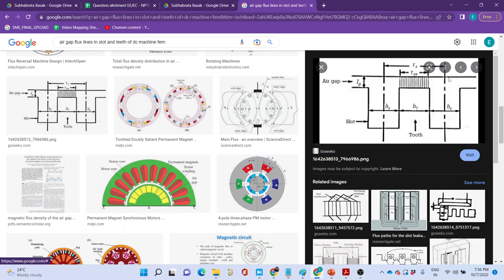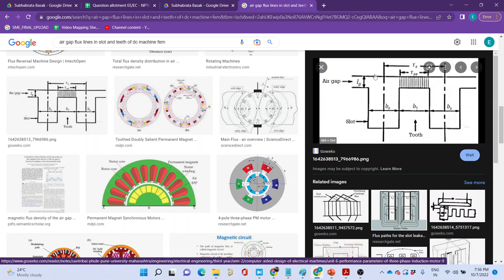Draw a picture in which this entire thing is the north pole. This entire thing is a pole. So north or south, whatever you like, you just place it. You draw the flux lines produced by this north pole alone. In the second picture, you place conductors in these slots, either dot or cross, whatever you feel. You take the direction of the motion and figure out accordingly what would be the direction of the current.